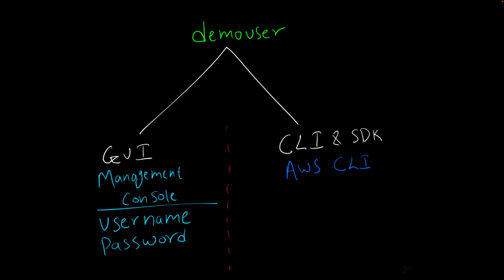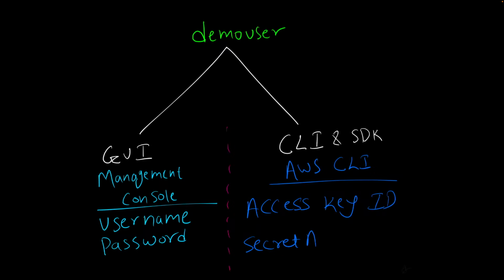So you don't want to use an interactive method for those purposes. That is where we make use of access key ID and secret access key. Access key ID and secret access key is used for command line purposes. So we have two types of credential for the same user, demo user. For GUI, we use username and password.